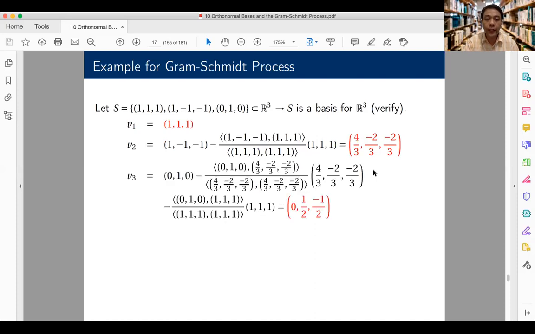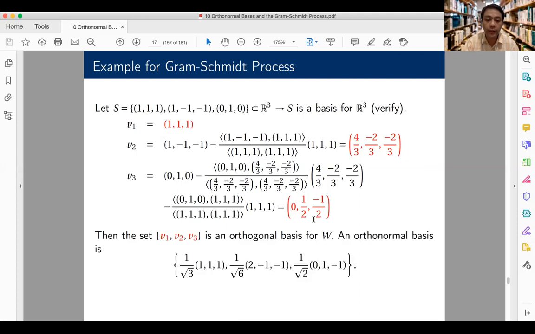And then the third is S3 minus its projection on V1, on V2, which he showed here earlier. S3 minus the projection on V2 minus its projection on V1. Okay, and this is the simplified form. So the set is now an orthogonal basis. So what is an orthonormal basis? We just divide by the magnitudes, and this is what we get. This is an orthonormal basis.